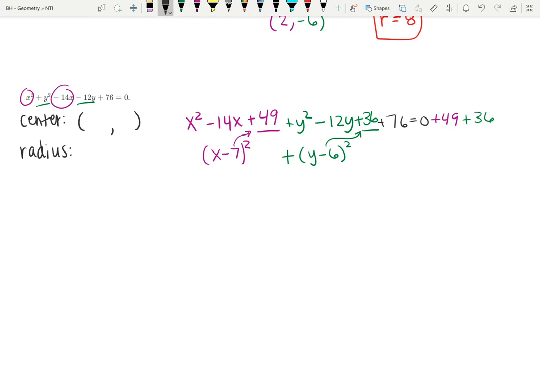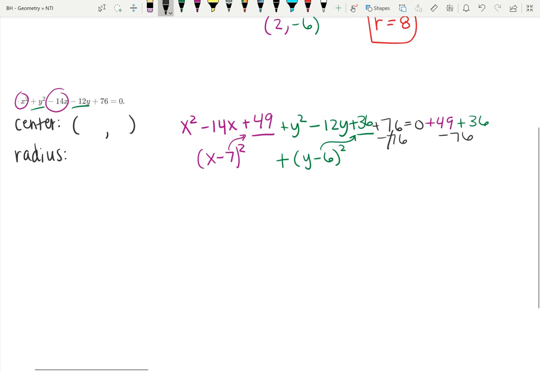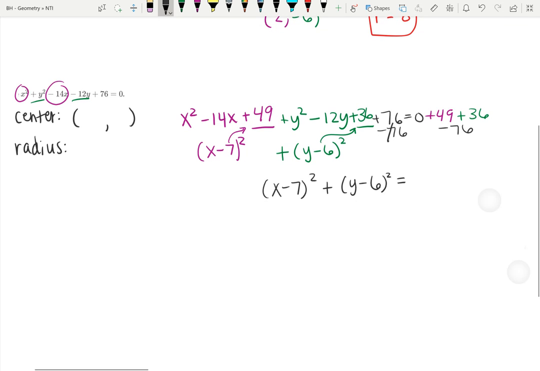Okay, and then that 76, we don't want to bring it down. We actually want to move it across the equal sign. So you need to do the inverse operation by subtracting 76. And now you're left with, I'm going to actually clean this up a little bit, x minus 7 squared plus y minus 6 squared equals, and then you can do 49 plus 36 minus that 76, and you get 9.